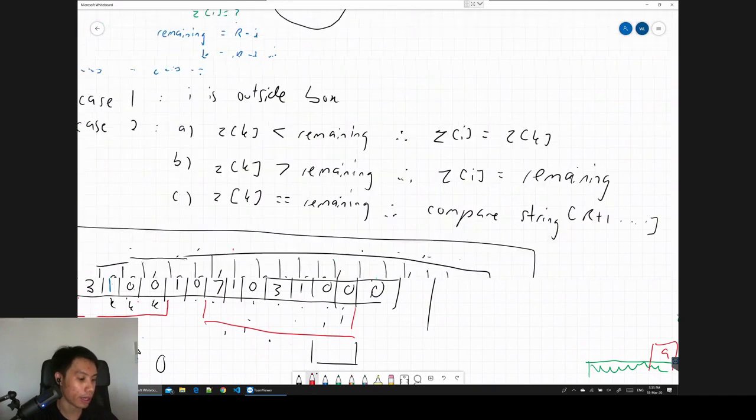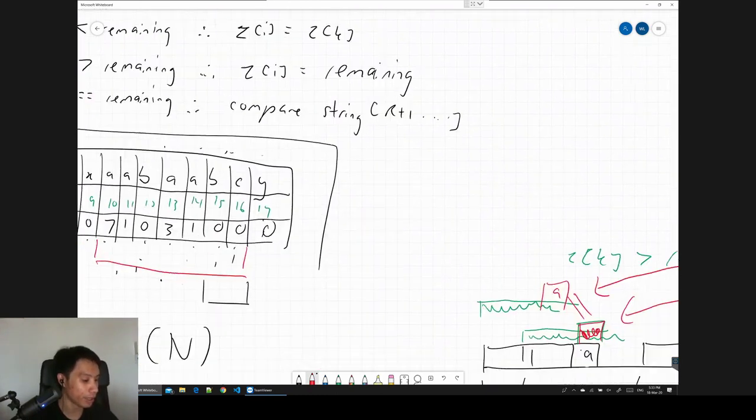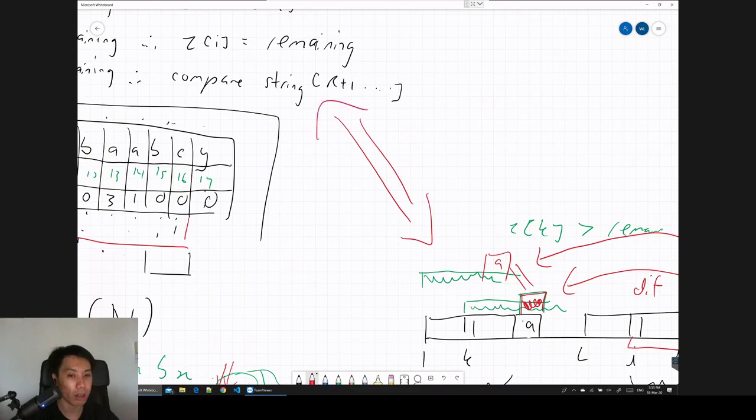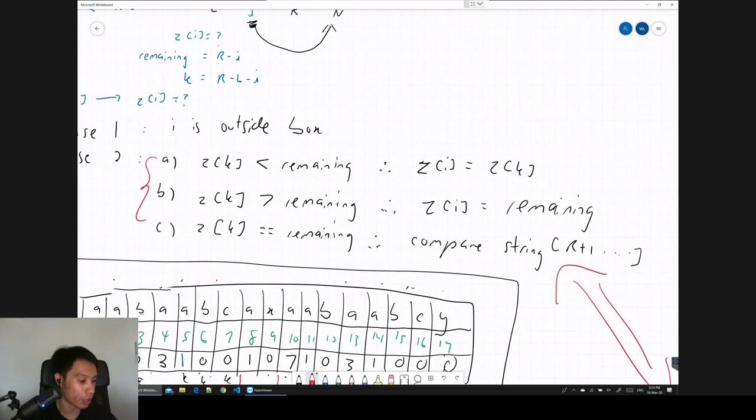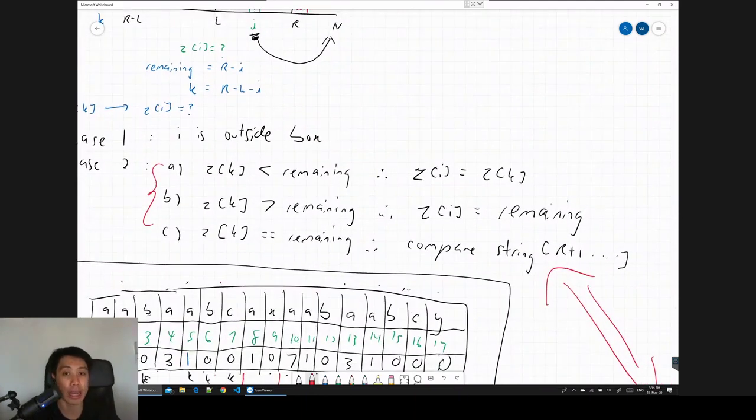Your past year exams would always like to ask you one of the three cases based on a given diagram or an explanation. So this is the part which you need to really know, and it's also the part where I actually extend beyond what is in your lecture slides. Your lecture slides only have case 1, case 2A, and case 2B. I take your case 2B and separate it into 2B and 2C.